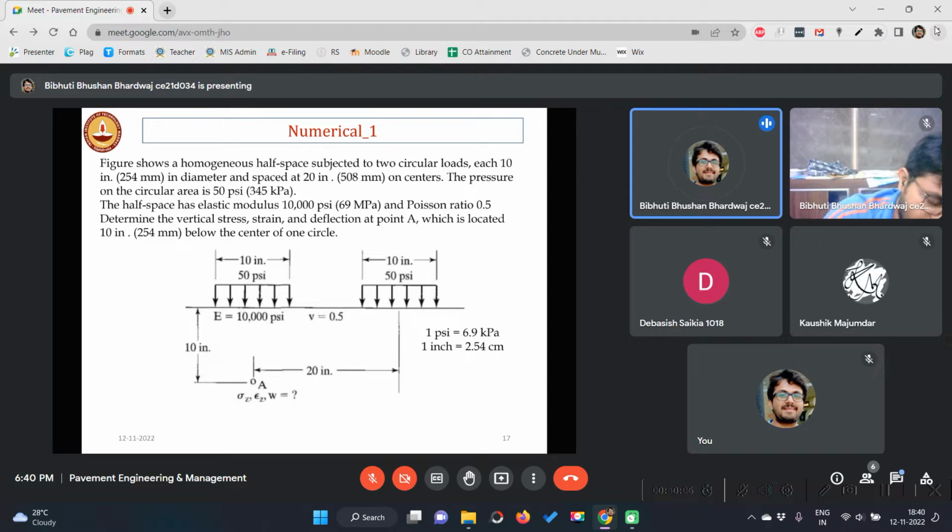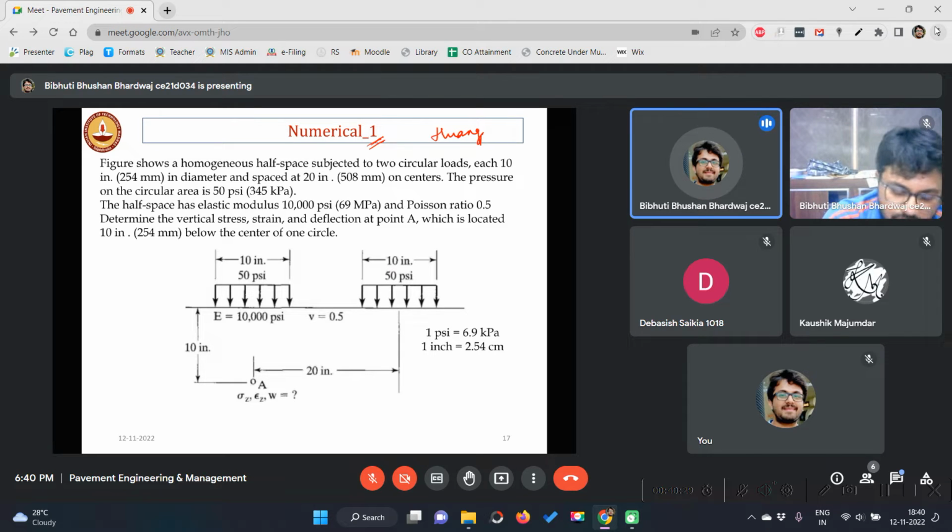Okay. Anyway, now let's come back to our first numerical. See here, all these numericals are taken from this Wang book. I will share a soft copy with you, so you can find other numericals as well.